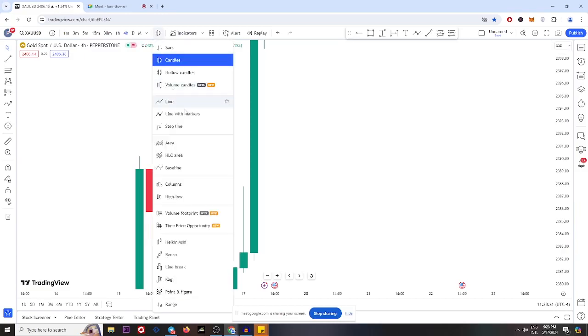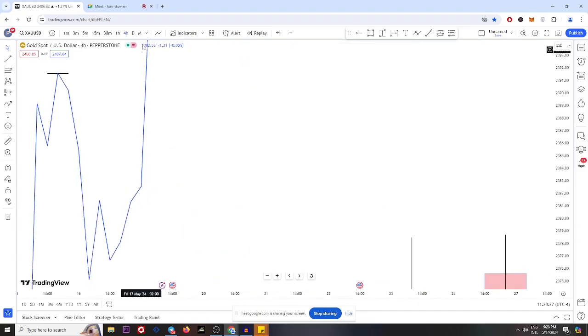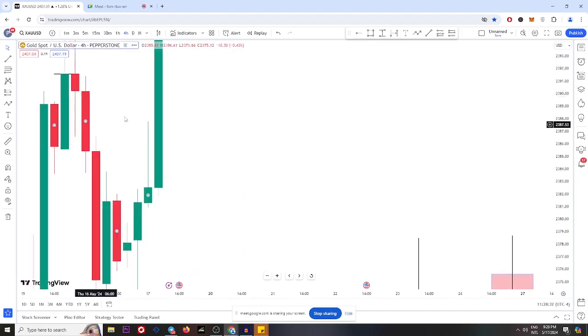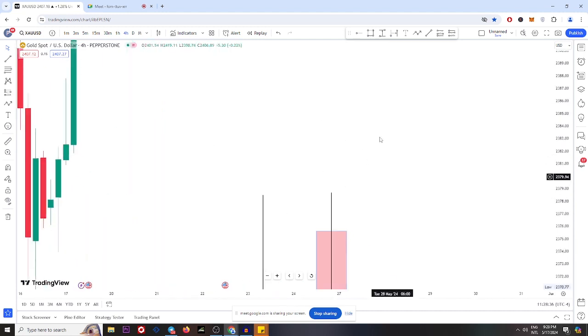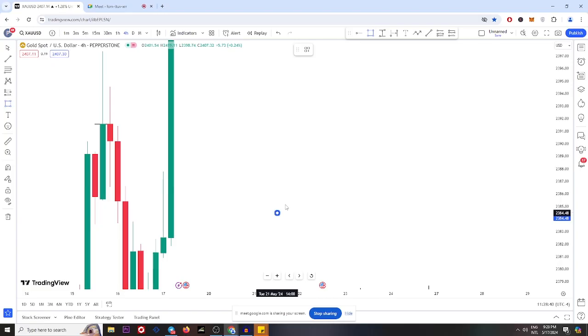Same goes for this. It is a red candle, so we are going to have a wick, and this is a bullish candle, so we are going to have a wick also. If we want to draw the engulfing, how are we going to do it? This high and this low. So this high is broken, and we are going to call it an engulfing.